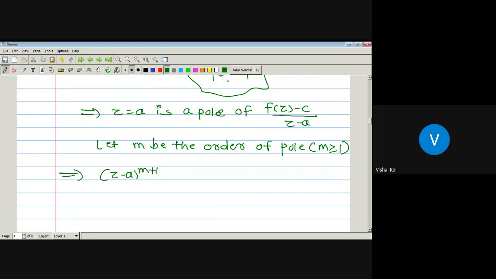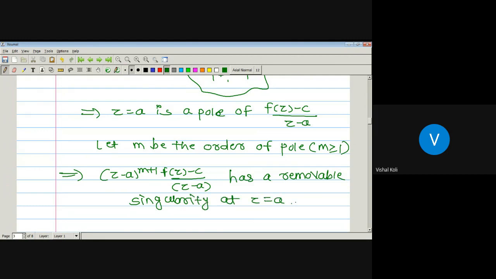So here we have to take m plus 1: z minus a to the power m plus 1 into f(z) minus c divided by z minus a has a removable singularity at the point z equal to a, which is just by the definition of pole.